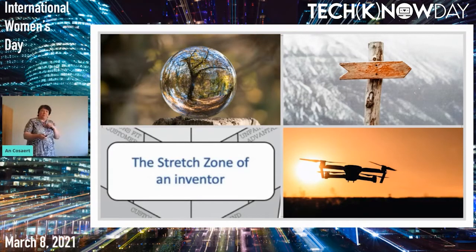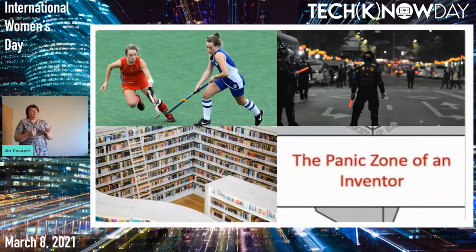And then, of course, the panic zone. The panic zone of an idea is questions about, did you do a freedom to operate study? Are you sure that this drone technology, this recognition system, you can use it?